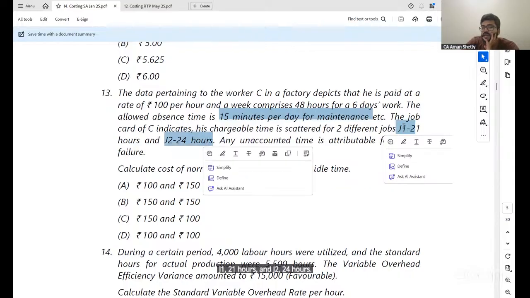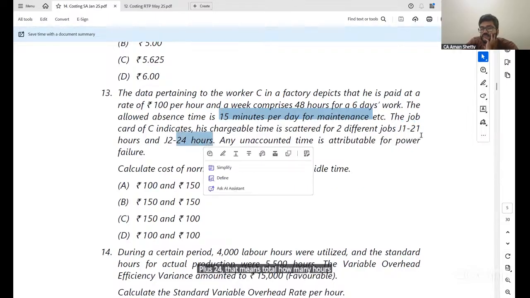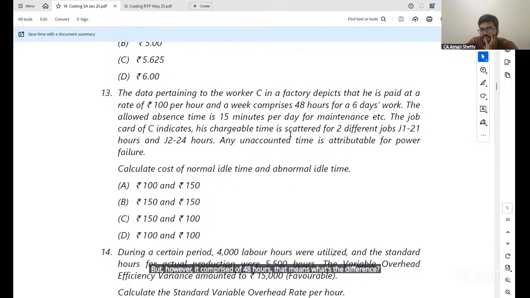So 21 plus 24, total 45 hours. But it comprises 48 hours. What's the difference? Idle time: 48 minus 45, 3 hours.